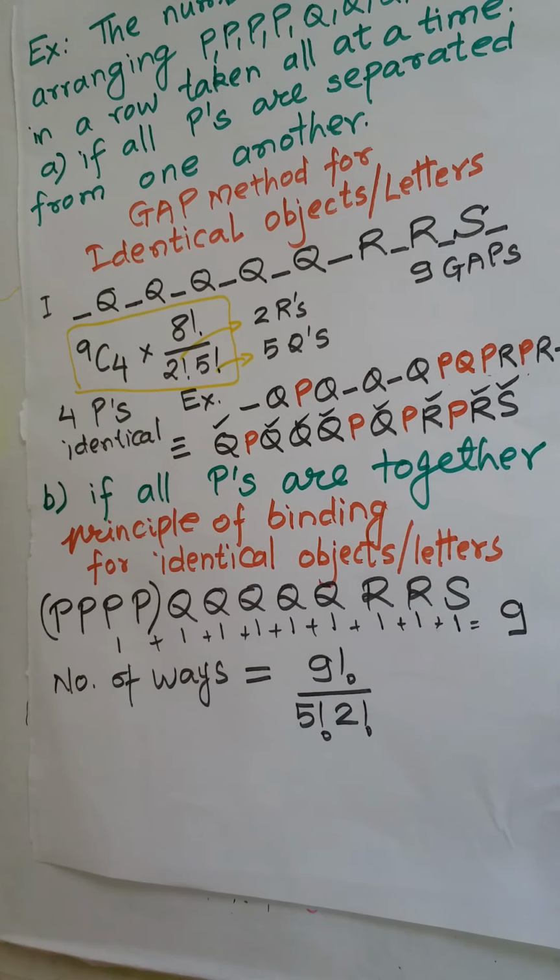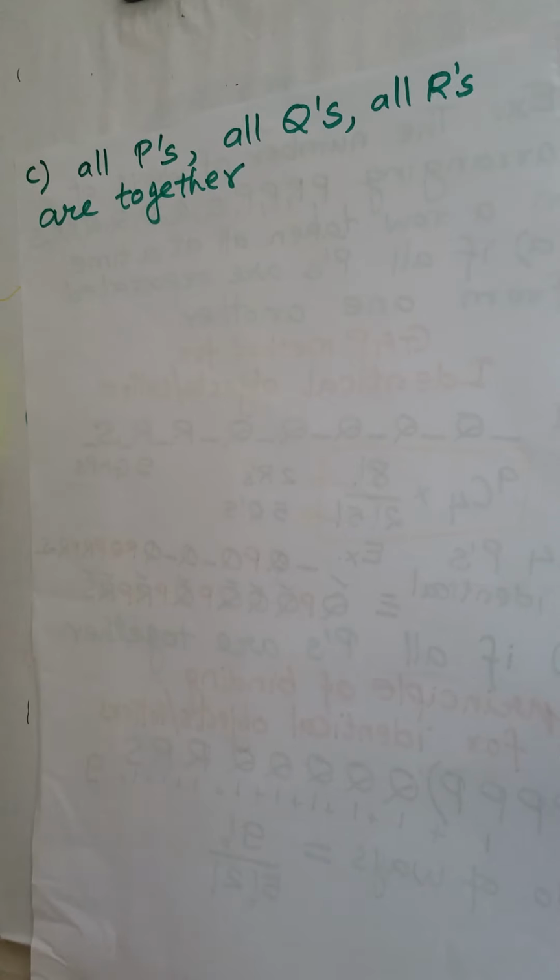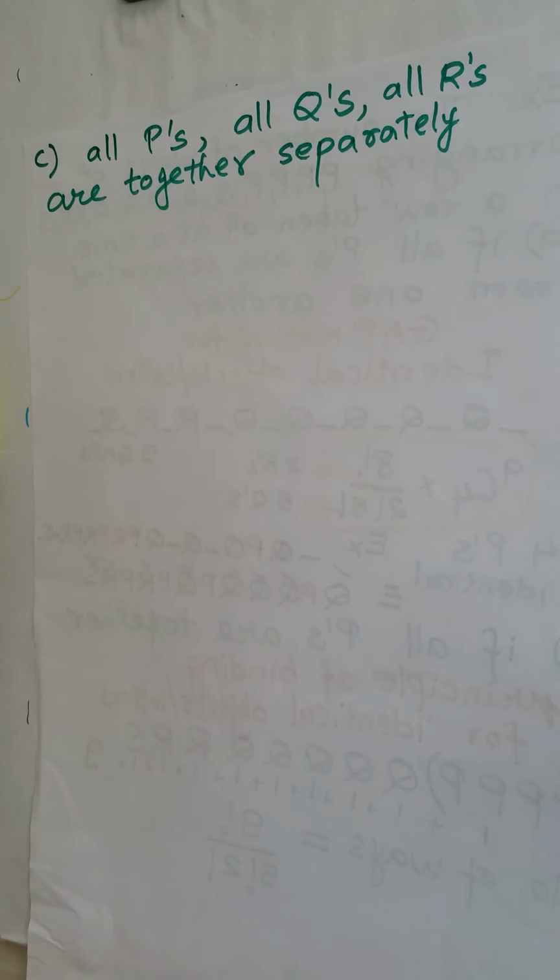Okay. Now let's see part C of this example. All P's, all Q's, all R's are together separately. Now what does this mean?